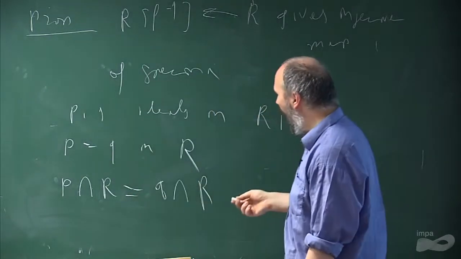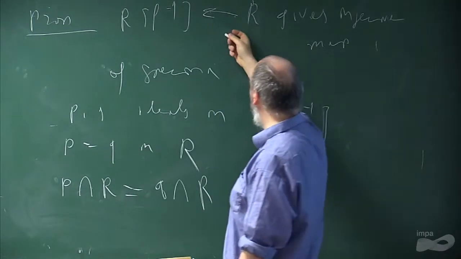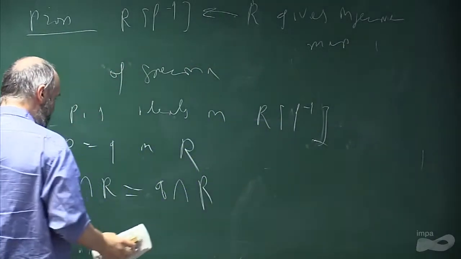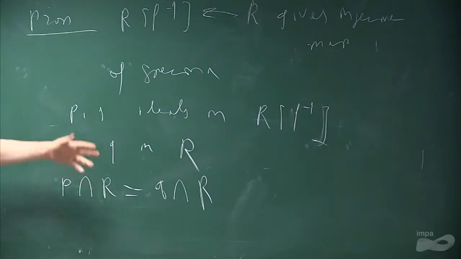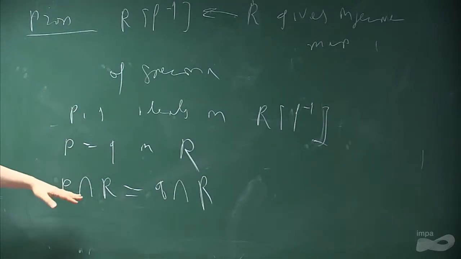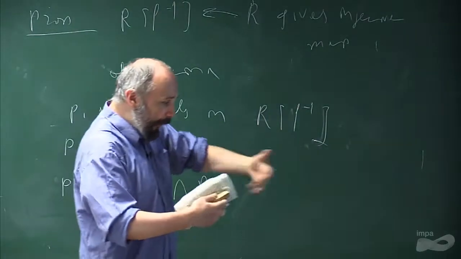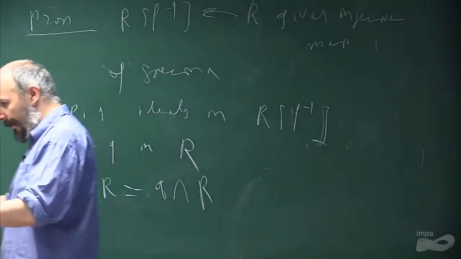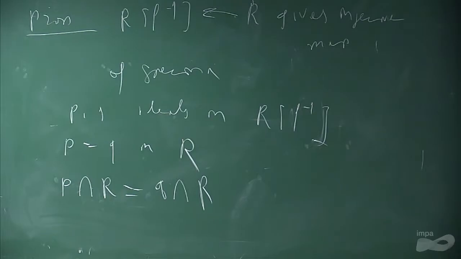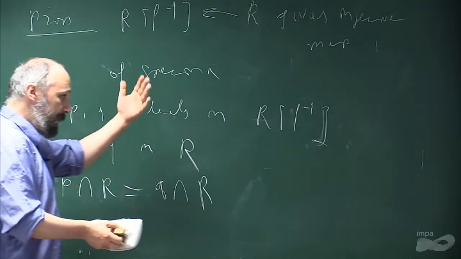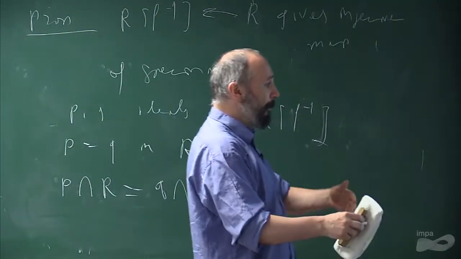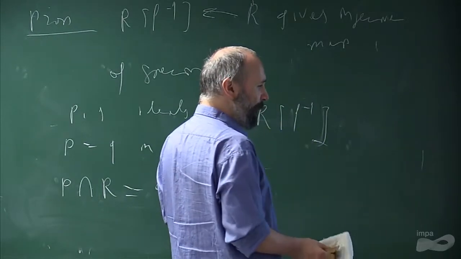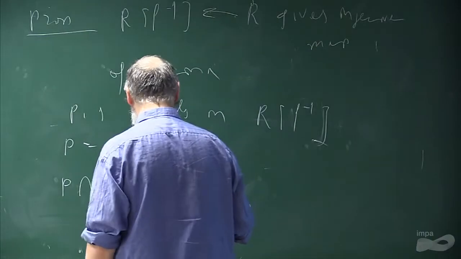At least intuitively, this is what we have. For instance, when we localize, we actually add more elements. Our ring gets bigger, but its structure gets simpler, like going from integers to rationals.